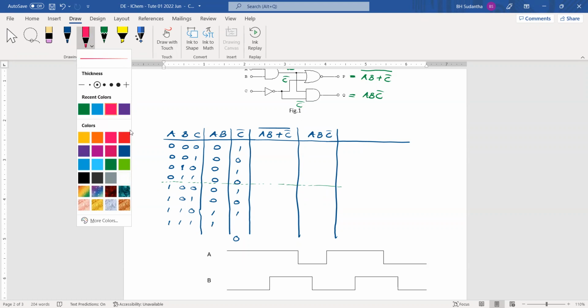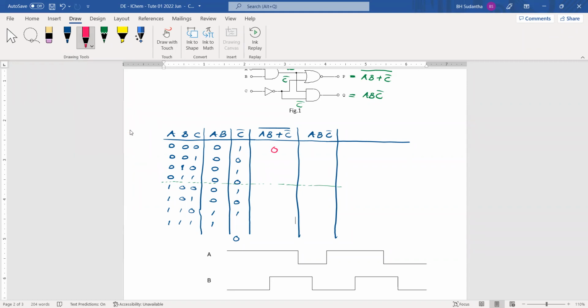Then we can take the OR operation between this AB and C bar, and we have to take the NOR operation between these two. Okay. This is AB, C bar OR is 1, but when you take NOR, it is 0. Here 0.